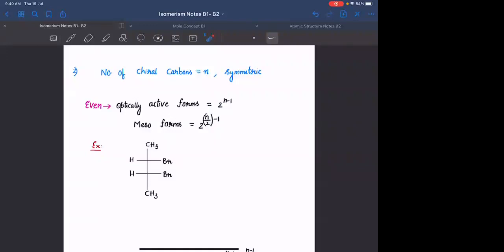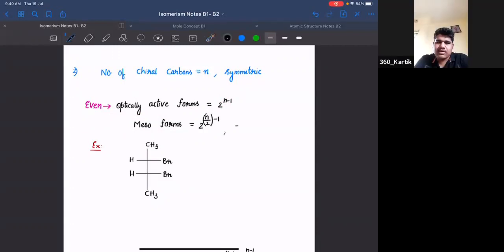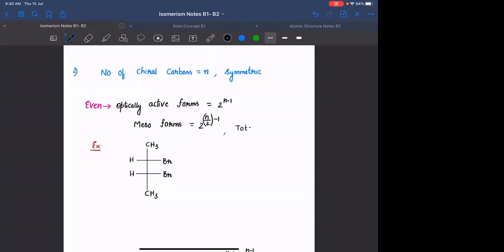You have to remember the formulas. If the number of chiral carbons is even, the number of optically active forms is 2 power n minus 1, where n is the number of chiral carbons. Meso forms are 2 power n by 2 minus 1. So what will the total number of isomers be? Total. You have to add both.